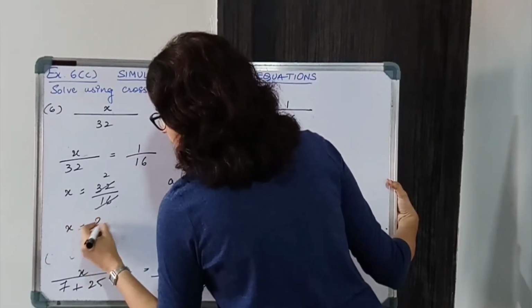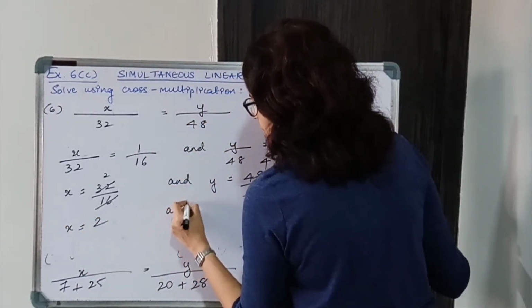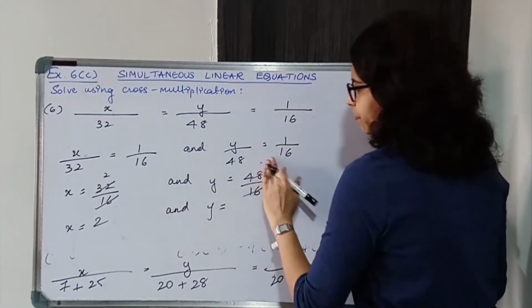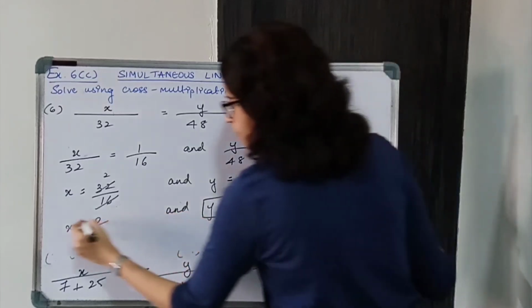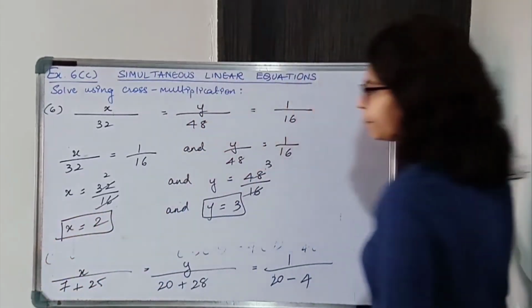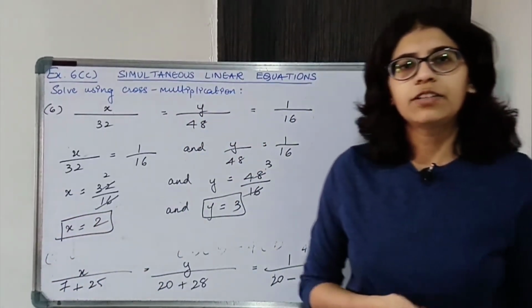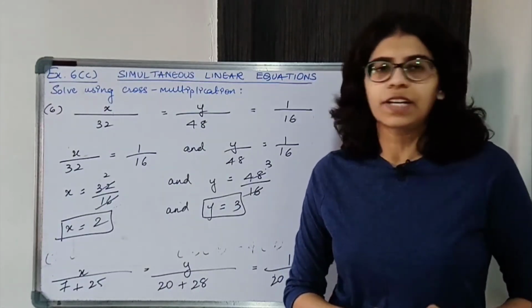So x is equal to 2 and y is equal to 3. Okay, so we found the values of x and y. X is equal to 2 and y is equal to 3.